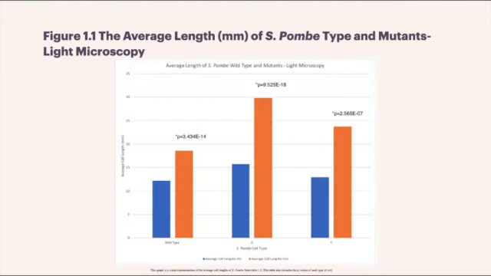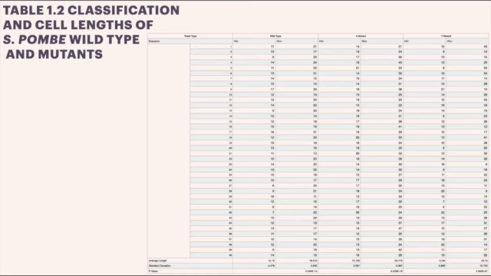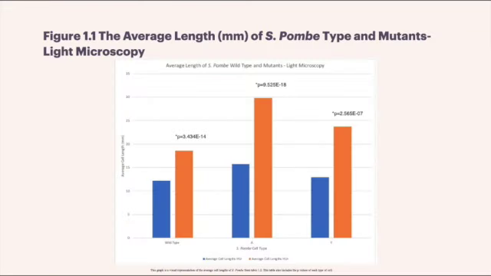This is Figure 1.1, the average length in millimeters of S. pombe wild type and mutants in light microscopy. This is the bar graph for the previous table that I just showed. And here you can see all three p-values.